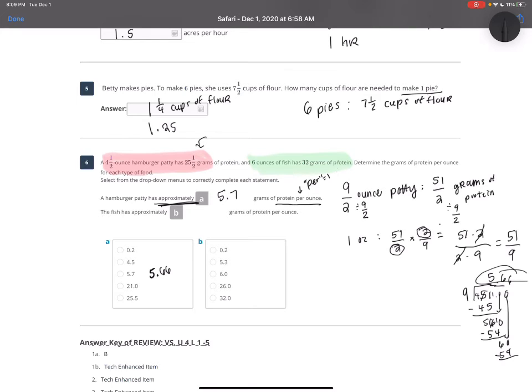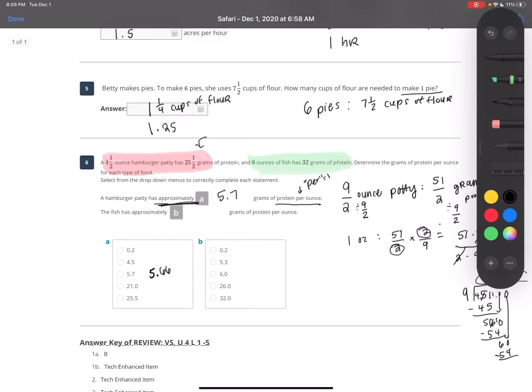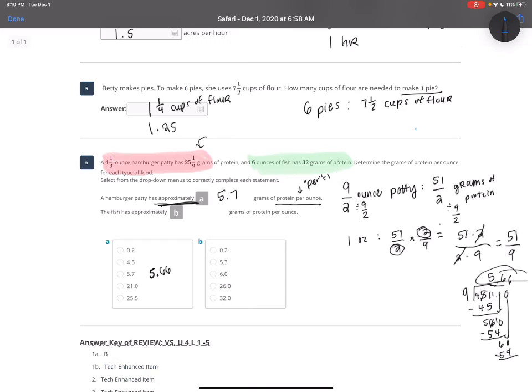Now I'm going to look at the next one, which is the fish. Fish was highlighted in green, and I said I'm going to do the tape diagram. What I'm going to do is create this tape diagram to represent 6 ounces. To represent 6 ounces, how many pieces do I need in my tape diagram? 6 pieces.